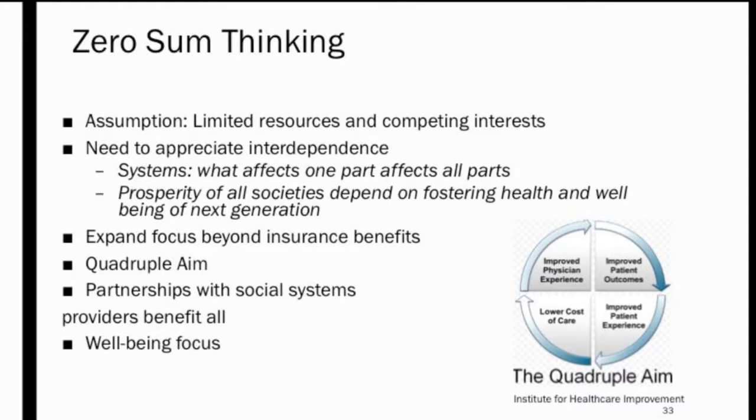And then zero-sum thinking, which is also one of those things we carry forward with us. The assumption that we have limited resources and competing interests. And if you give to one, you have to take it from someone else because it's a finite pie. But if you have systems thinking and you understand that you can't change one part of the system without changing the other part, or if you think back to Veronica, who was going in and eating up ER time and expensive workups, we can all stand to gain by understanding the social conditions.